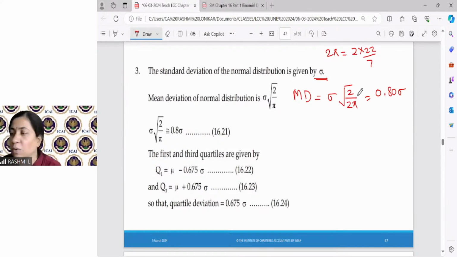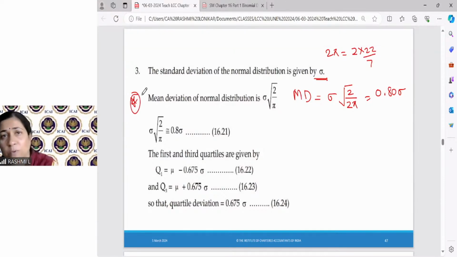So mean deviation will be equal to 0.8 sigma. Again, this is important not only from the point of view of theory but also of the sums. They can easily ask for the mean deviation of a normal distribution, and you write 0.8 into sigma.